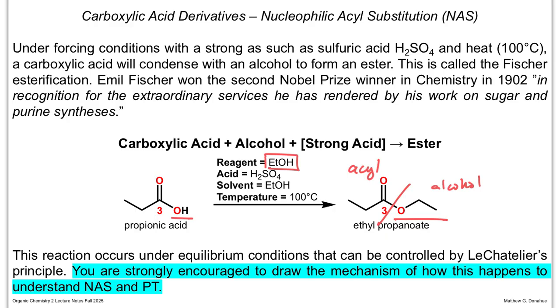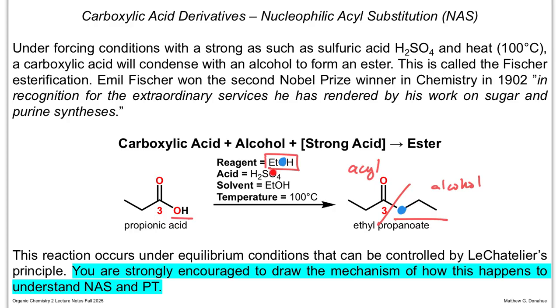So we'll draw the mechanism on the next slide where we show how this happens. And to preview that, this oxygen is the oxygen that is incorporated into the ester, meaning that your existing OH must leave.